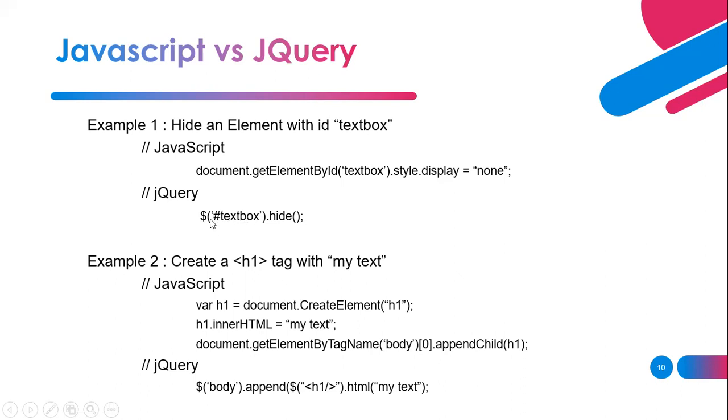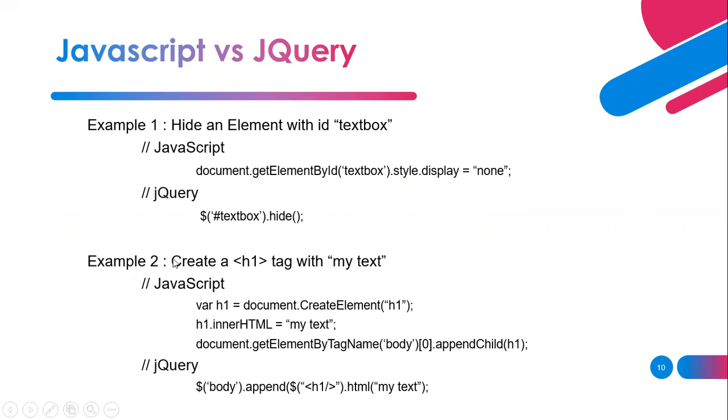After that, this is for the selection. So we don't need to write getElementById or getElementsByClassName again. We just need to write the name of the ID. In jQuery, for an ID we use the hash sign before it, and for style display none, jQuery also simplifies this into the .hide function only. So this long code can be replaced with jQuery.